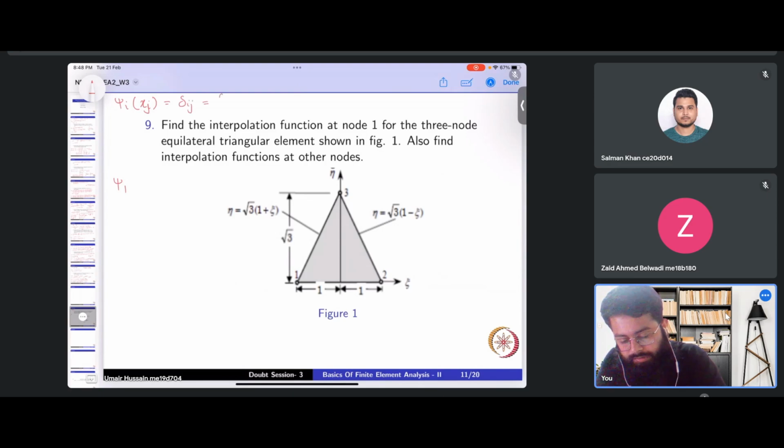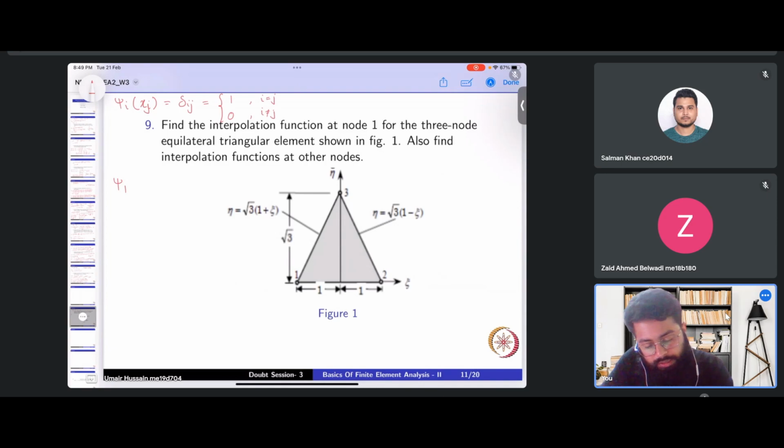Which means it is 1 if i equals j and 0 if i is not equal to j, which means that psi 1 is always going to give a value 1 at node 1, but on nodes 2 and 3 it is going to give a value of 0.